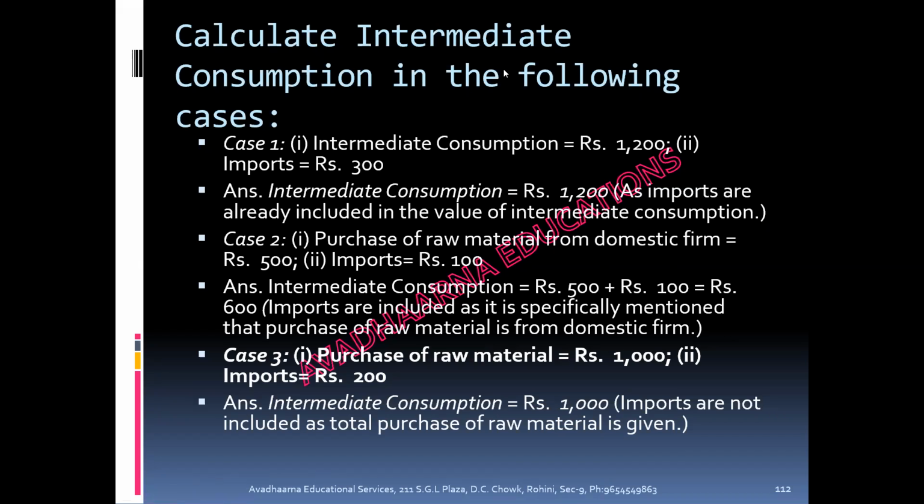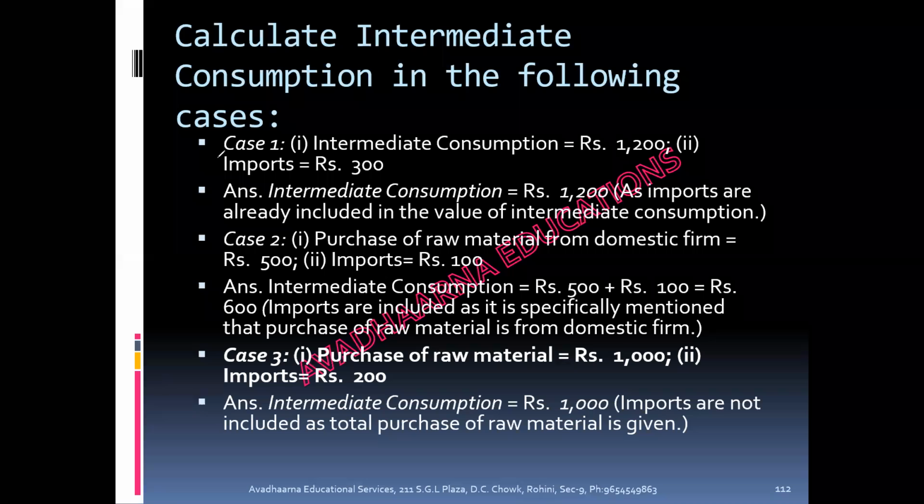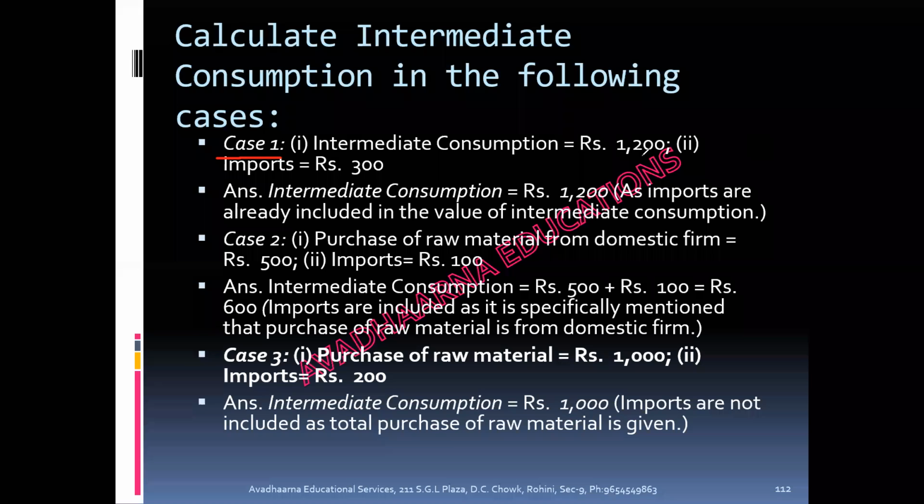Now see the first case. The first case is intermediate consumption is 1200 and import is 300. Intermediate consumption IC is 1200 and imports are 300.